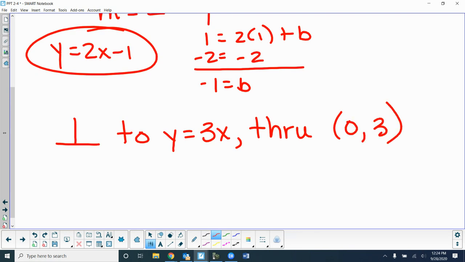So I want the line that's perpendicular to this line through that point. Say it again? Yeah, perpendicular.